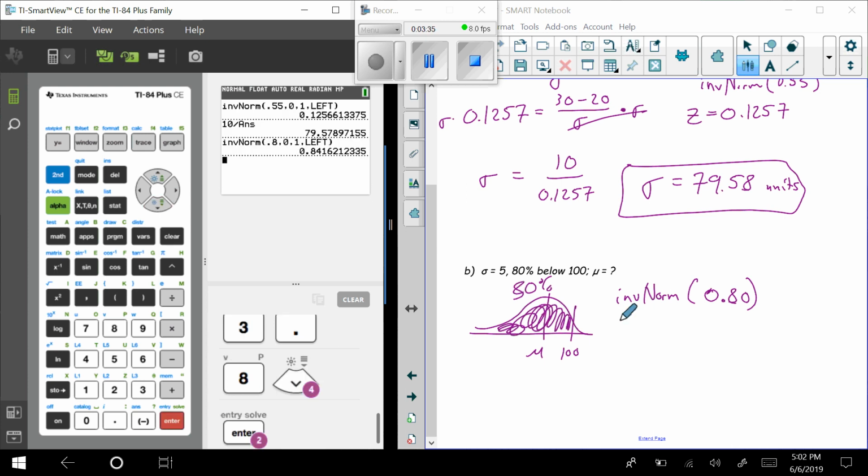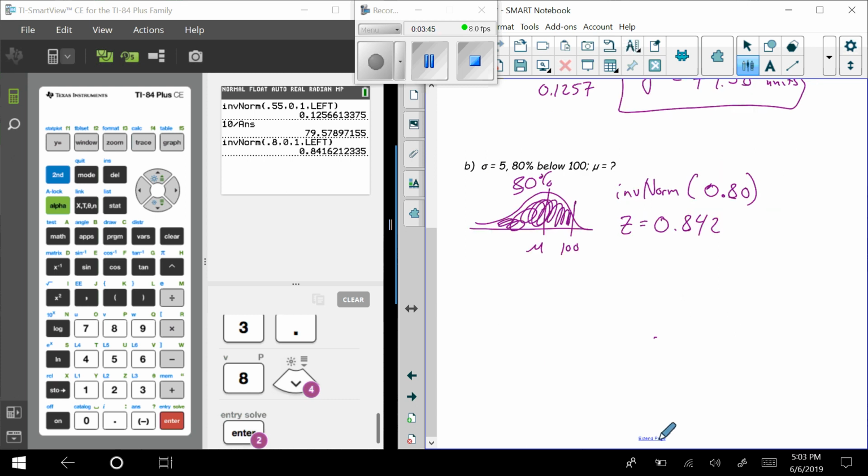I get my z is equal to 0.842. We did this just a minute ago. That's z equals x minus mu divided by sigma. Z is 0.842 equals my x is 100 minus mu, don't know, divided by, well, it's 5.